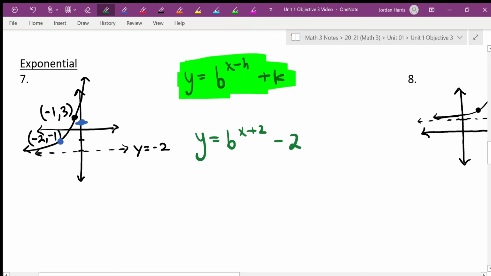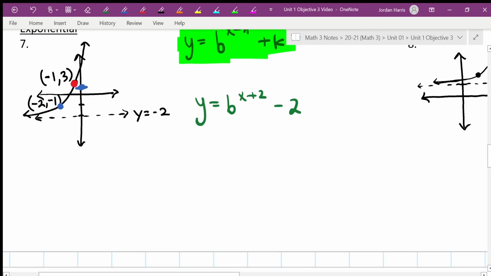Okay. And then just like quadratics, we can't count slope. Only linear things can we count slope. So I have to plug in. So this is x, this is y. So 3 equals b^(-1 + 2) - 2. So we just simplify.